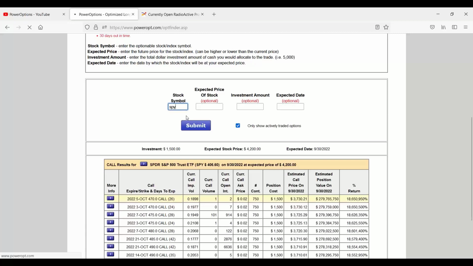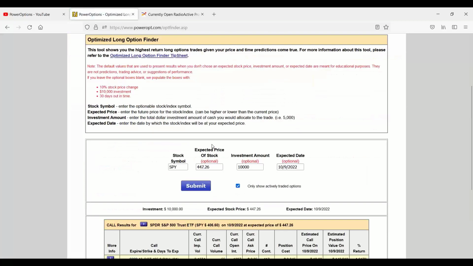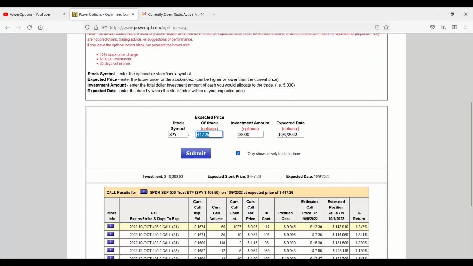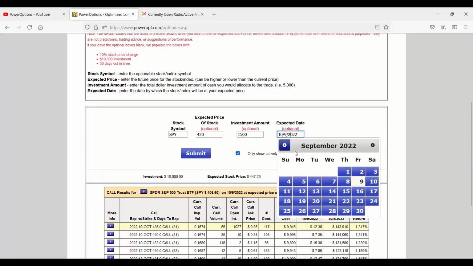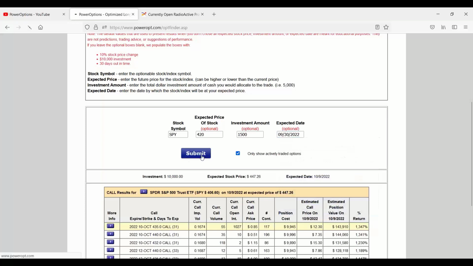Okay, it's doing something. I apologize for that. So anyway, let's change this to 420. It's trying to force me to default to these. I don't know why it got stuck in that loop. I'm going to have to look into that. Okay, I'm sorry, folks. Let's try this again. Get it right this time.